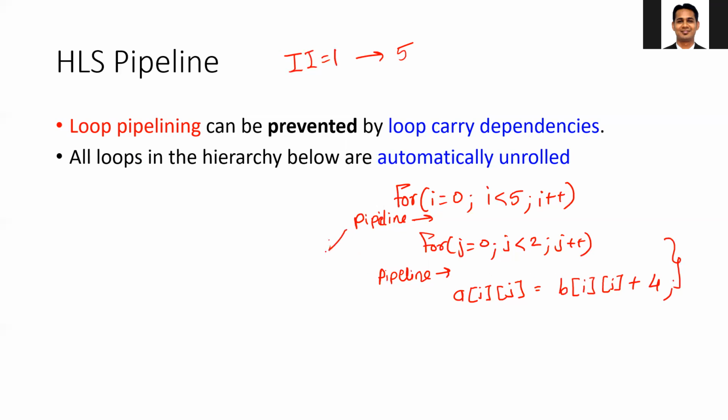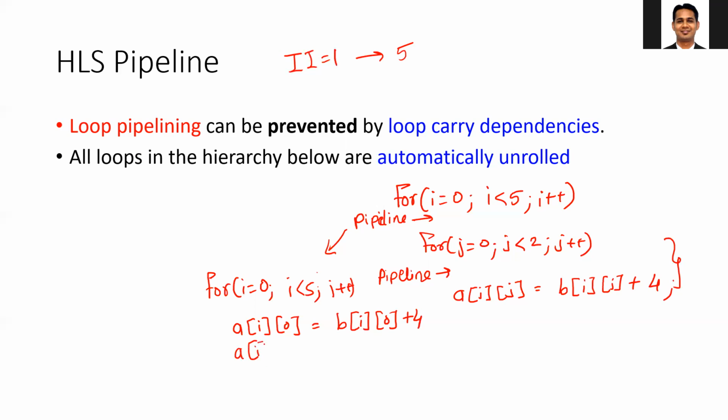So when you do the pipelining, what you will get is this: for i equal to 0, i less than 5, and i plus plus, you will get A[i][0] is equal to B[i][0] plus 4, A[i][1] is equal to B[i][1] plus 4.